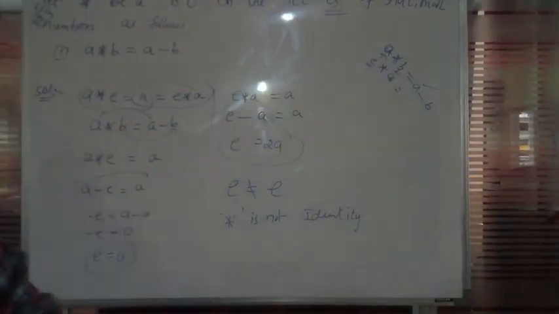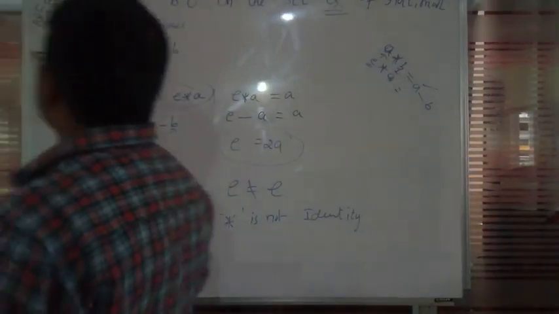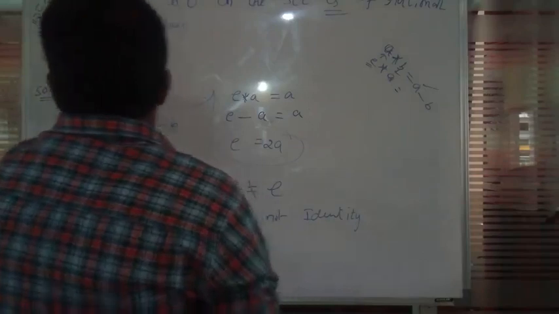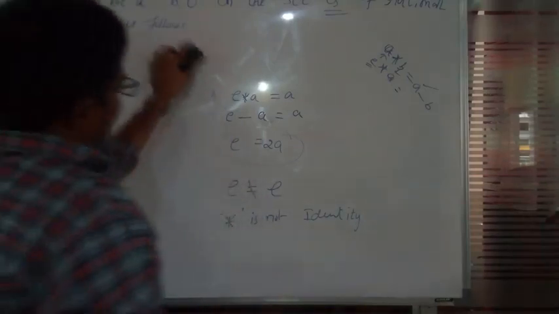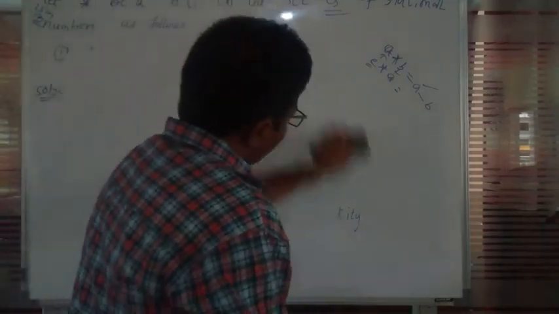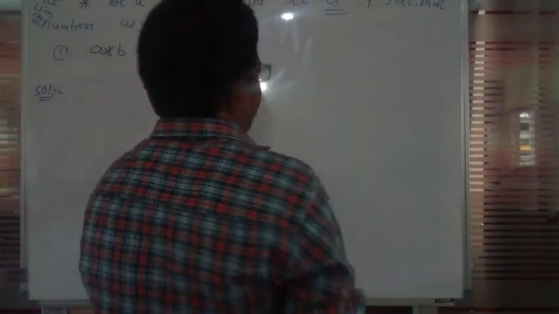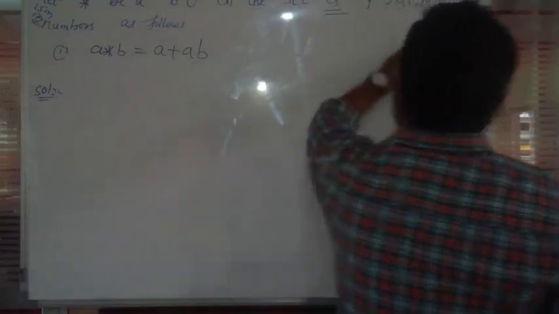Now we come to the point. Next one is A star B is equal to A plus AB. A star B is equal to A plus AB. Okay.